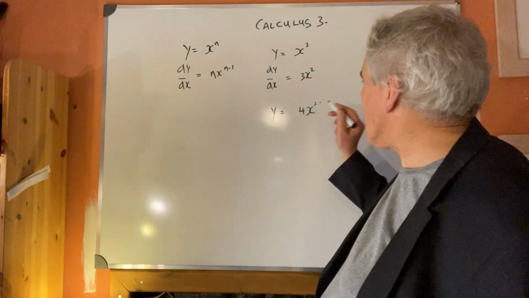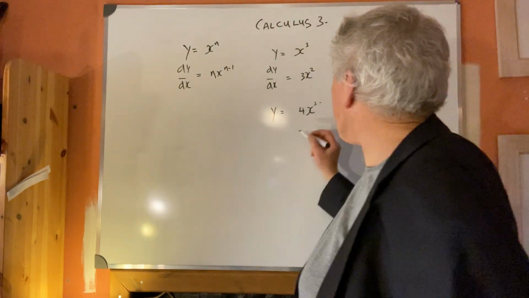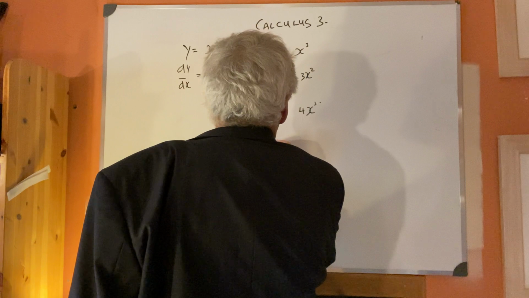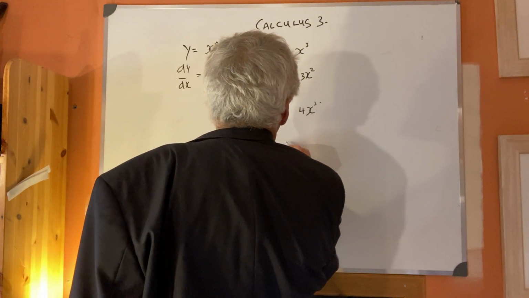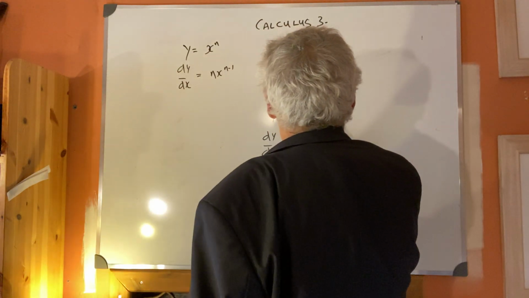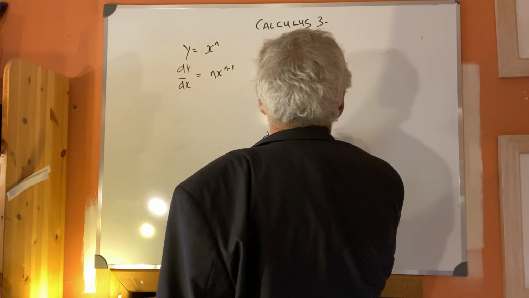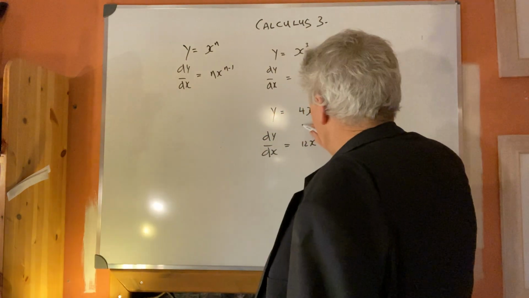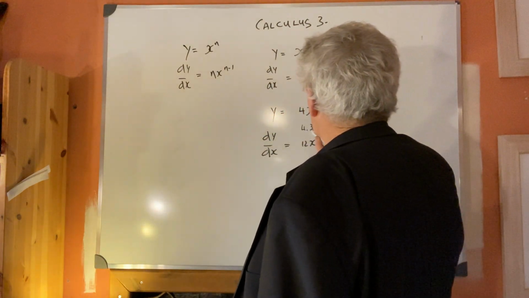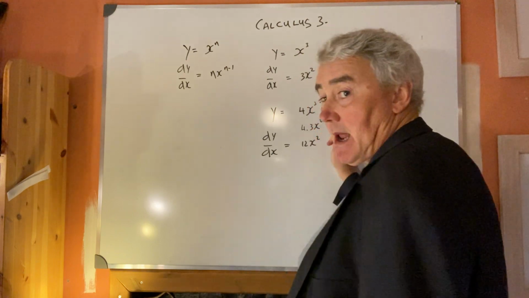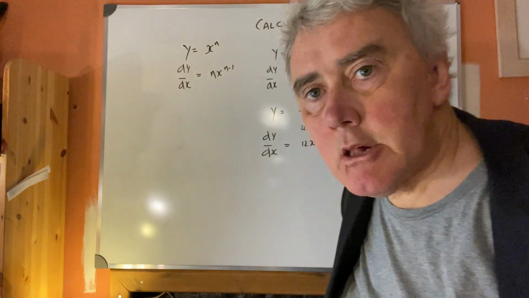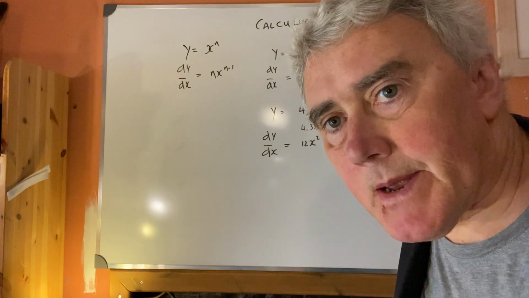So we still do as we did up here, dy/dx is equal to 12x squared. That's 4 by 3x squared, like so.